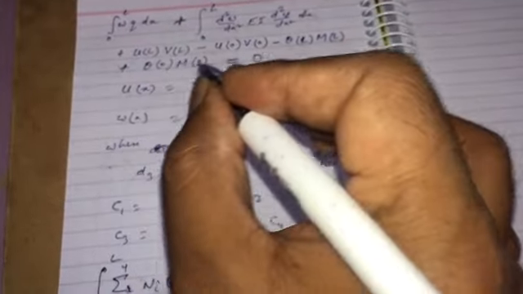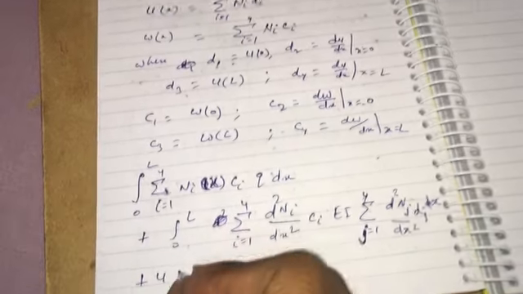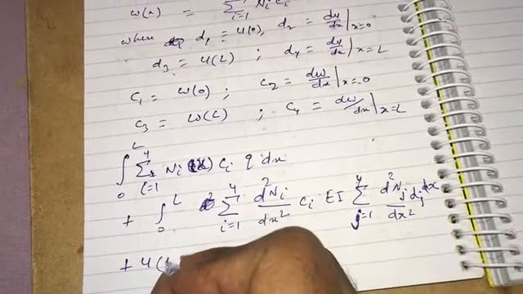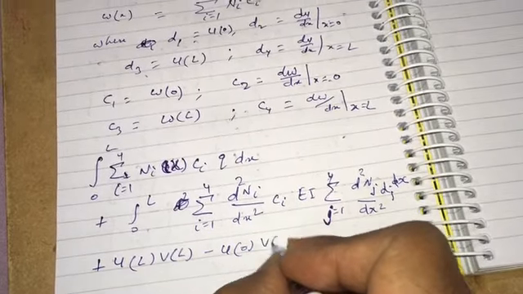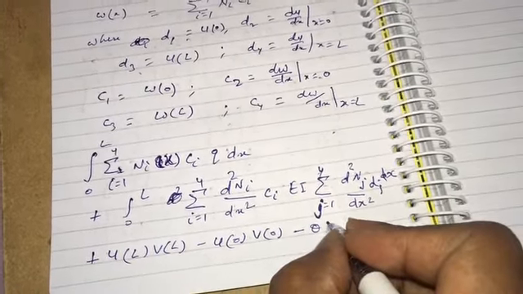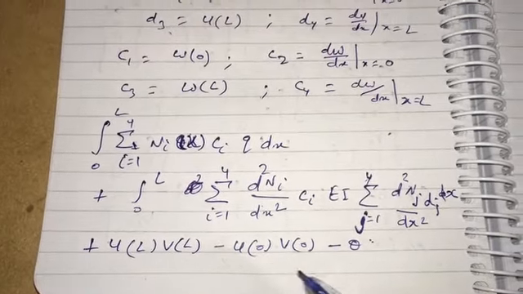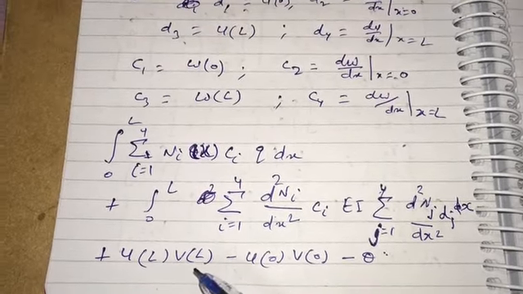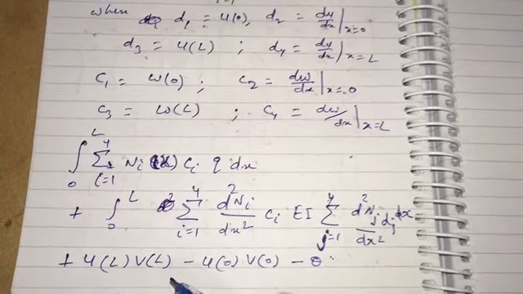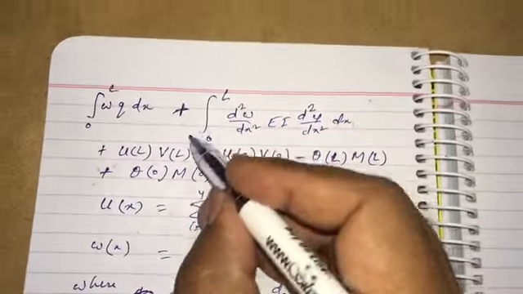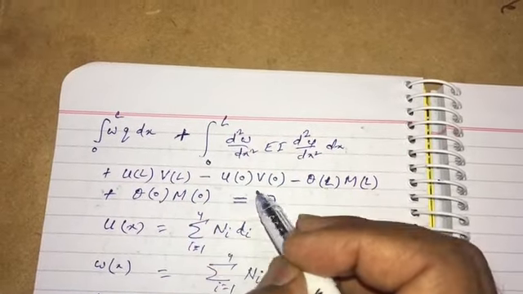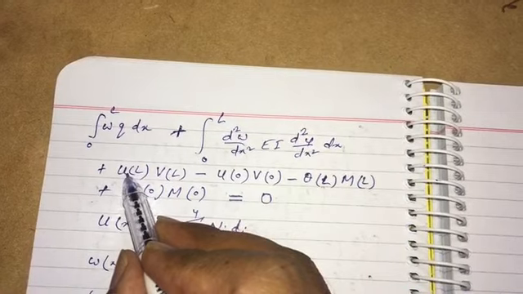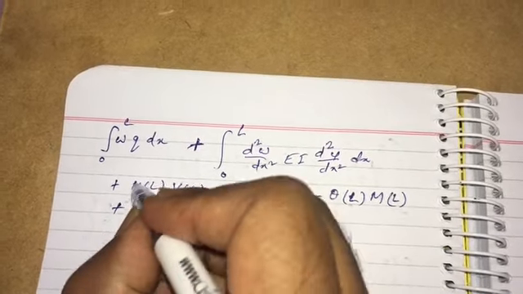Now all these other things will be there, so we just write them as they are. So plus we have u L v L minus u0 v0 minus theta L. So it looks like we made some mistake in the last lecture video. Here the weak form should not have the u term, it should have the w term.